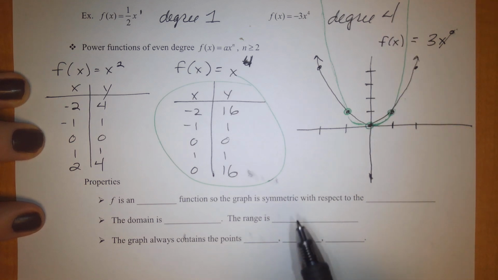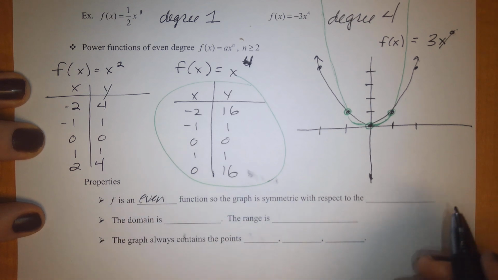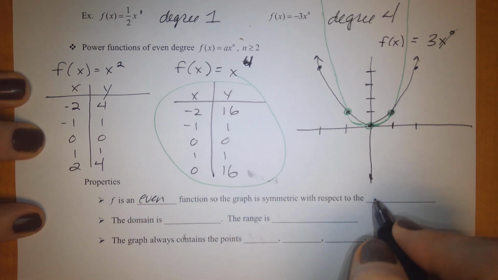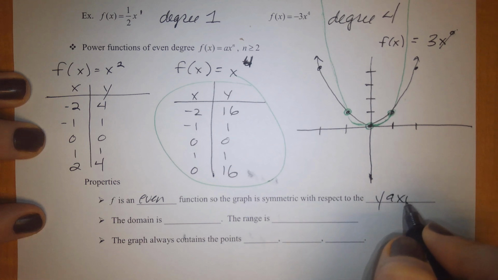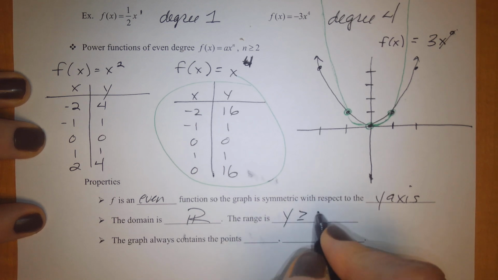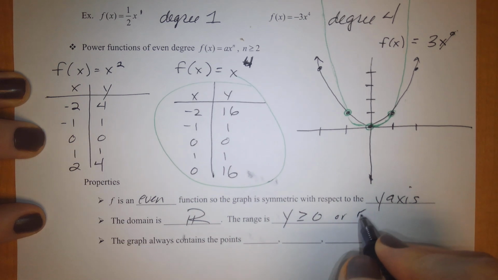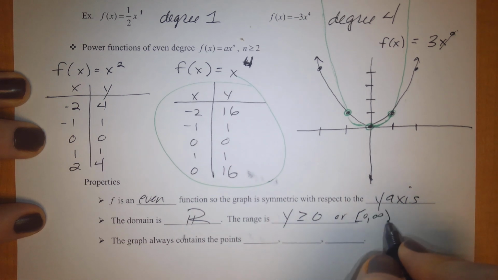So some details about these graphs. F is an even function, so the graph is symmetric with respect to the y-axis. The domain is all real numbers. The range, y is greater than or equal to 0, or you could write it in interval notation from 0 to infinity.